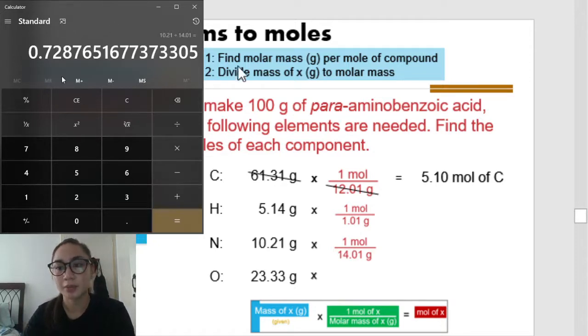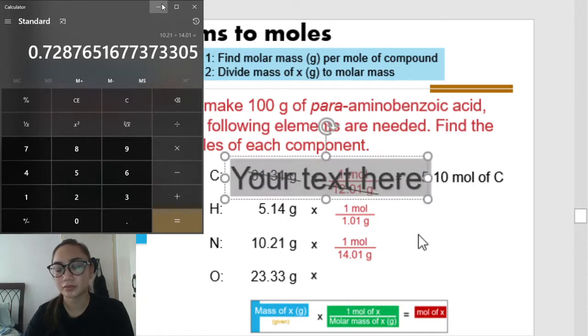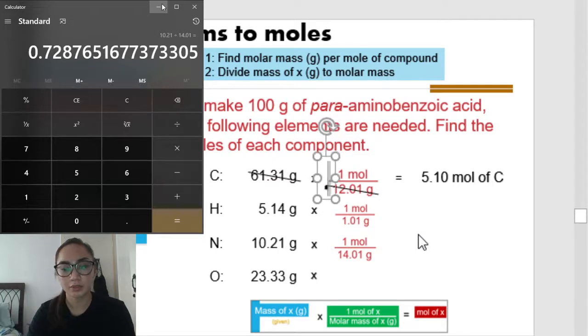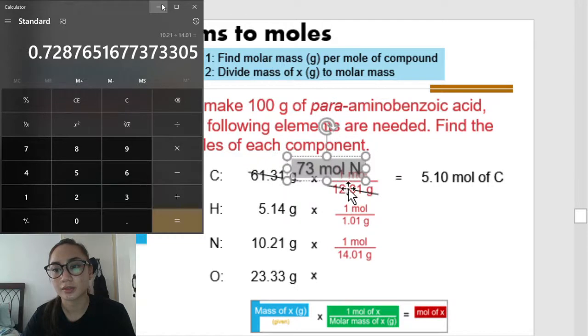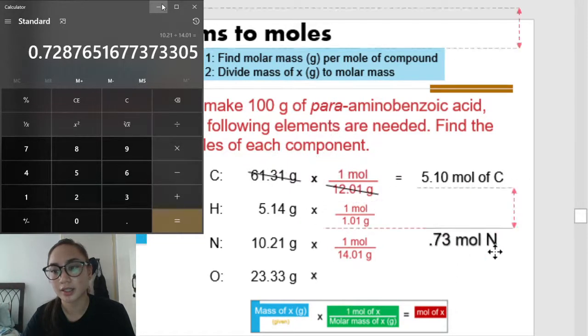We get 0.73 moles. Okay, so let us insert it here: 0.73 moles of nitrogen. So that's the final answer here.